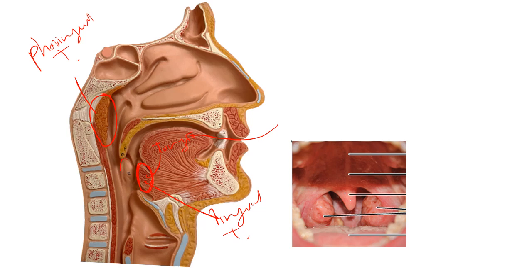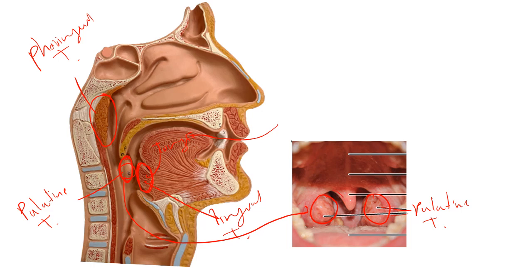Finally, number 2, the one that is beside the tongue, that will be the palatine tonsil. Those palatine tonsils are the ones that we're able to see when we ask the patient to say ah, right? So those here are the palatine tonsils.